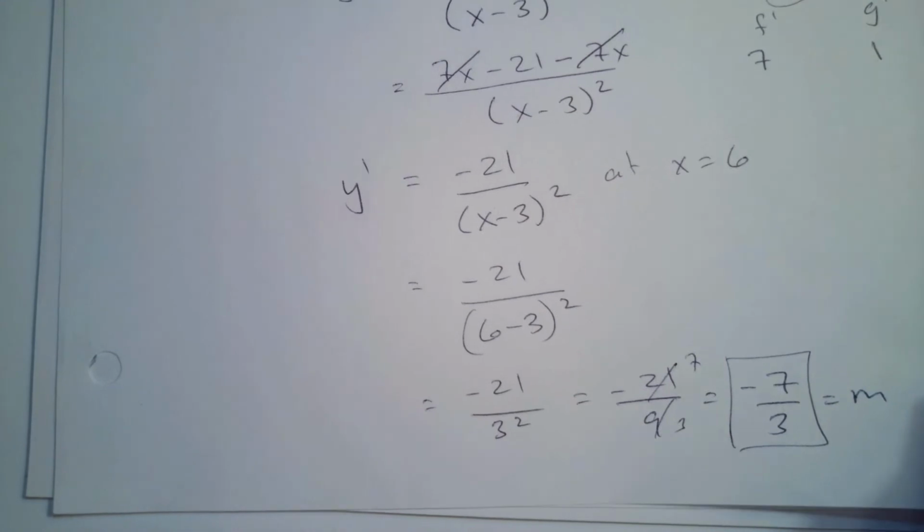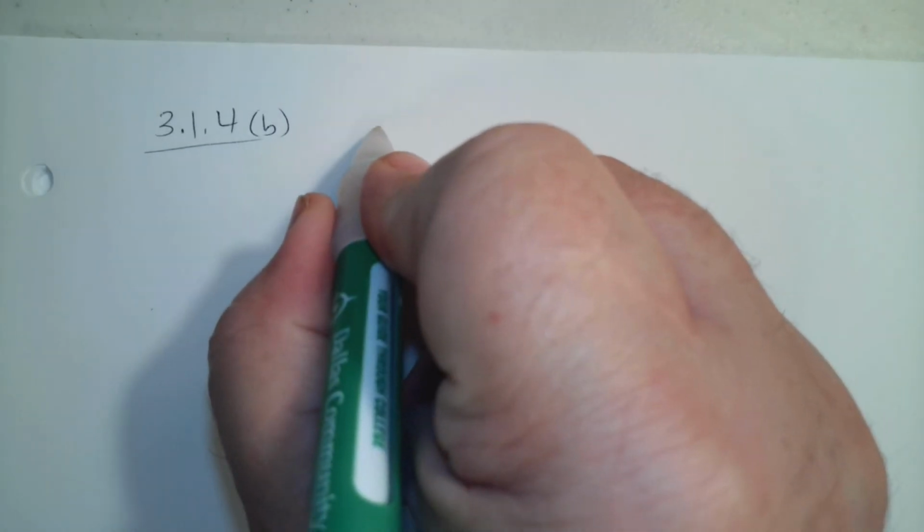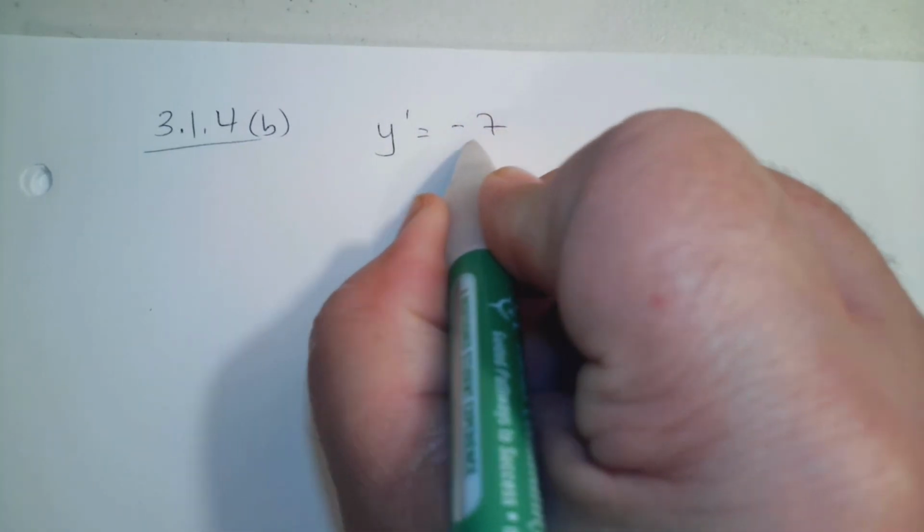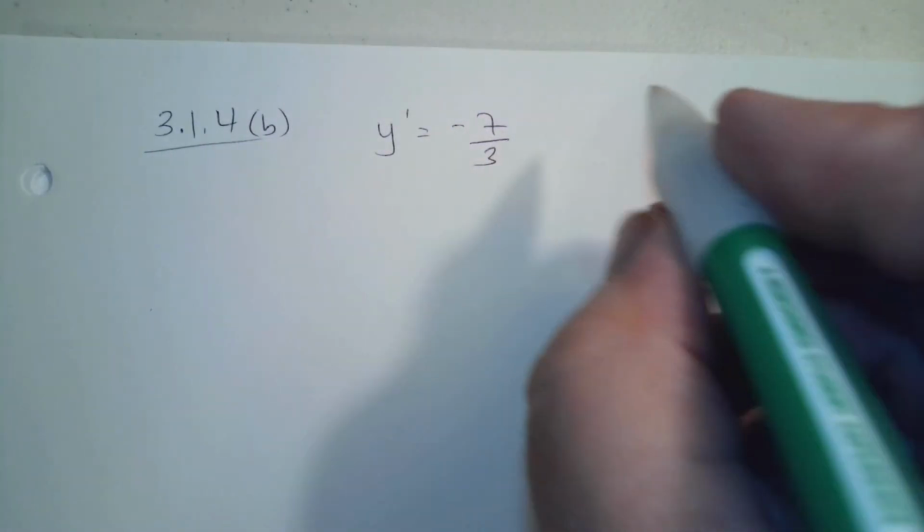Now, let's find the equation of the line tangent to it. 3.1.4b. We know the slope is negative 7 over 3.